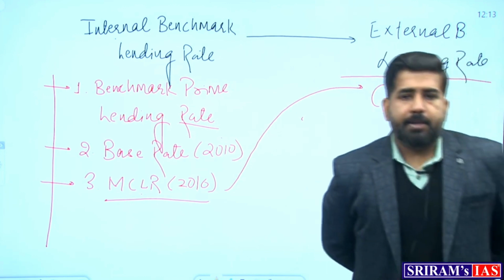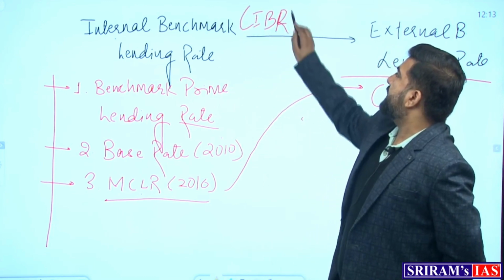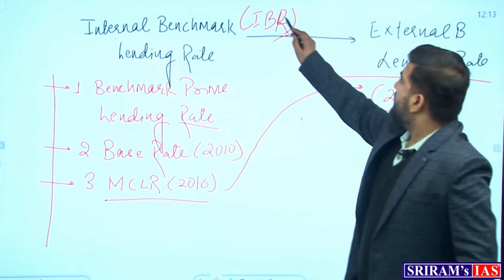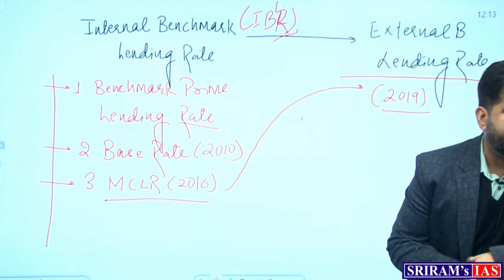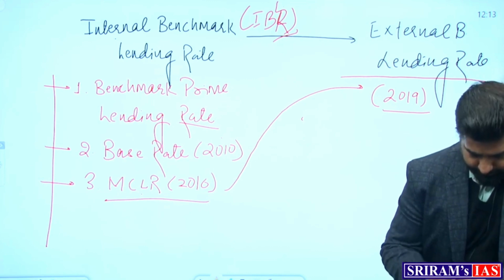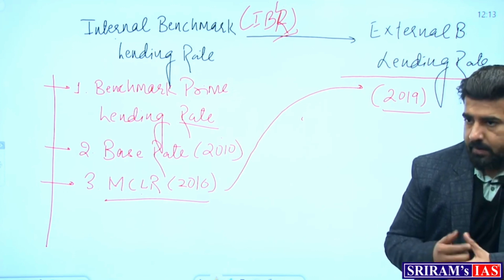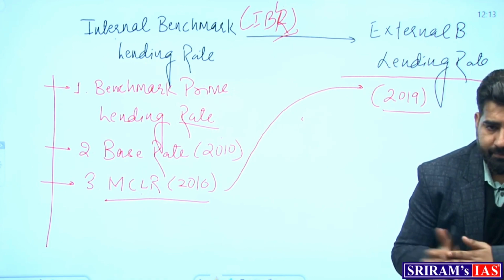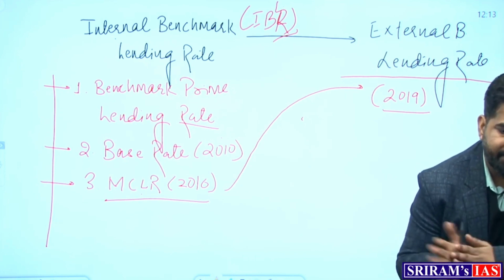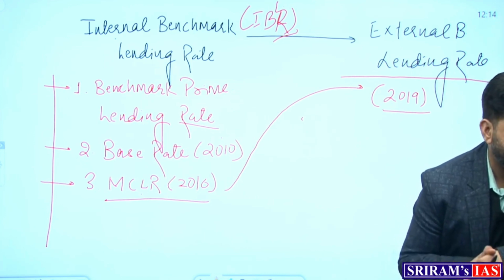The problem with the IBLR, that is internal benchmark lending rate, was lack of transparency in the system, which resulted in poor monetary policy transmission.